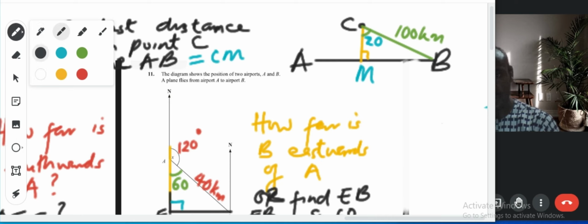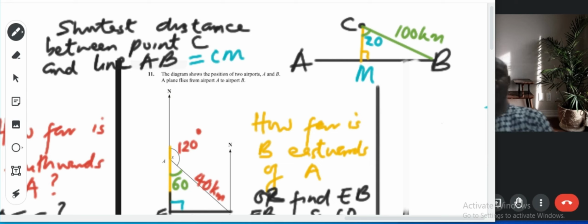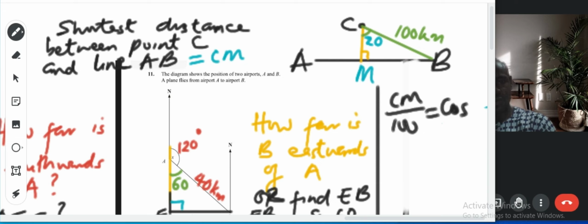Considering this angle, this is the adjacent, and this is the hypotenuse, because this is the opposite. So CM over 100 is equal to cos 20 degrees.